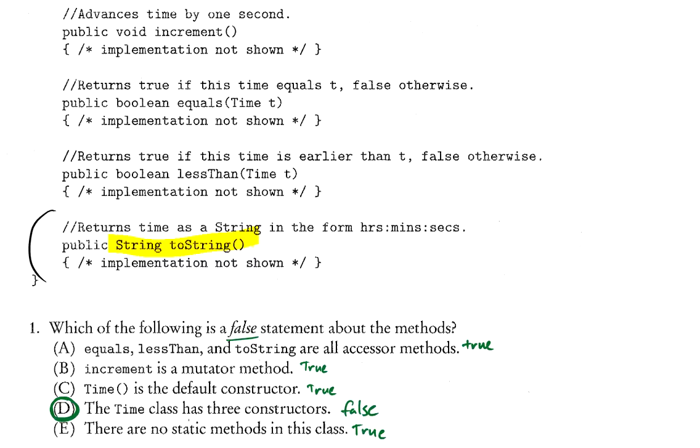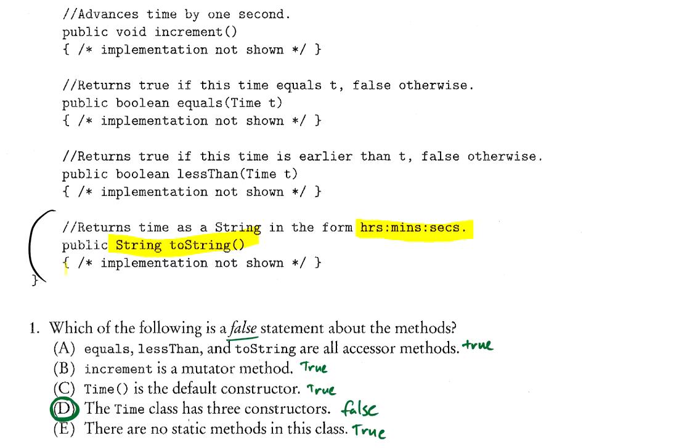But if you define the toString method, it'll use that one. So whenever you do System.out.print and then an object, if you've redefined the toString method, that one overrides the default. I'm just taking them at their word here, but it says it returns the time as a string in the form hours, minutes, and seconds. So this is the format it's going to use.